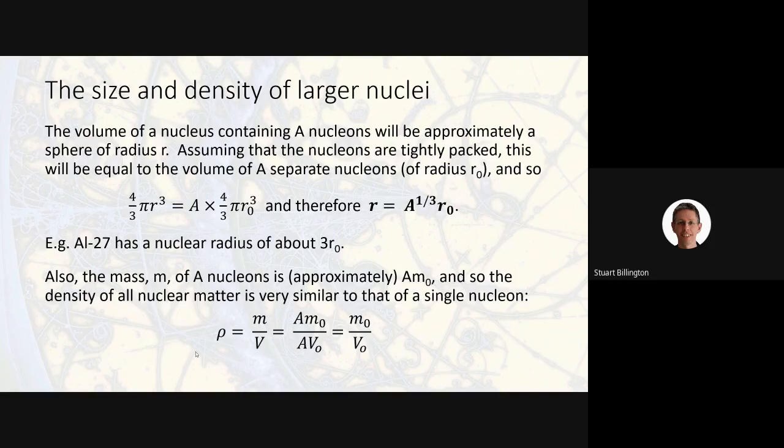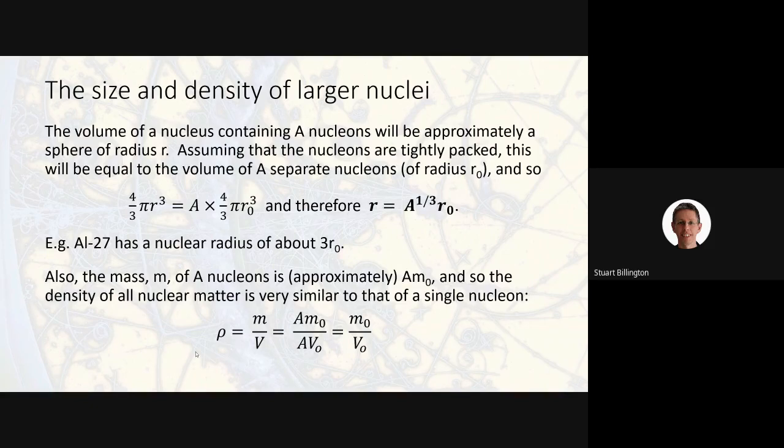So this comes down to volume calculations now. If you look at the top line of algebra now, we've got the radius of a nucleus is r, and therefore the volume of a nucleus is 4/3 pi r cubed. But if we're going to say that the volume of the nucleus is just the volume of a single nucleon multiplied by how many nucleons there are, we always use the capital letter A for the number of nucleons, the mass number.